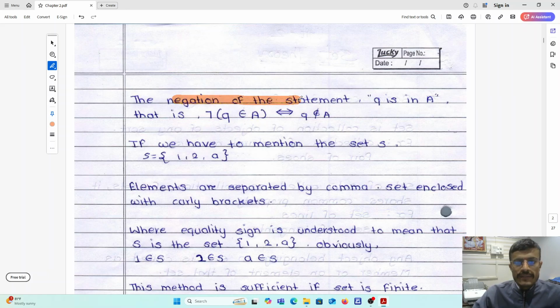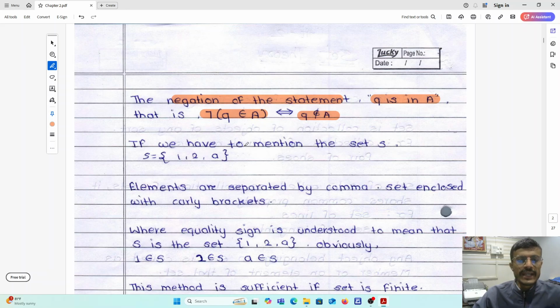The negation of the statement, let us consider q is in A, is the negation of q belongs to A, which is the same as q does not belong to A. You can see here q does not belong to A.